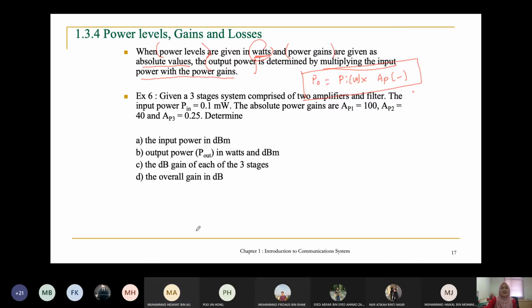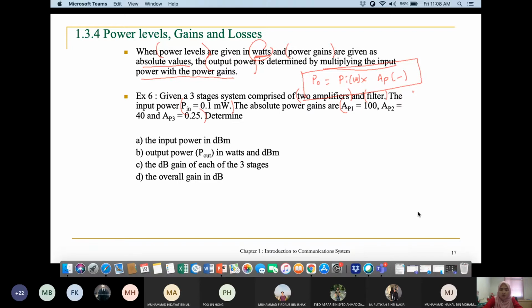For example 6, given a 3-stage system comprised of 2 amplifiers and a filter, and given the input power P in is equal to 0.1 milliwatt, the absolute power gains you have 3: AP1 equals 100, AP2 equals 40, and AP3 equals 0.25.